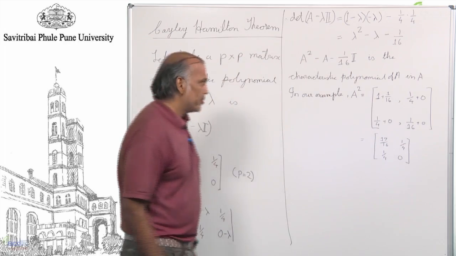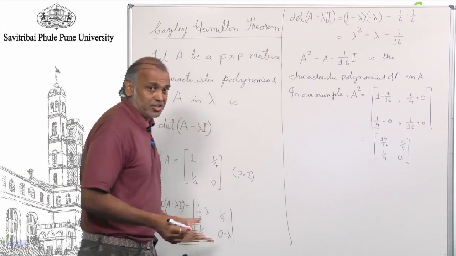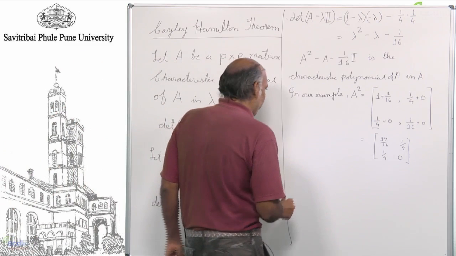So I have A squared. Let me substitute this A squared in this matrix polynomial to obtain the following.